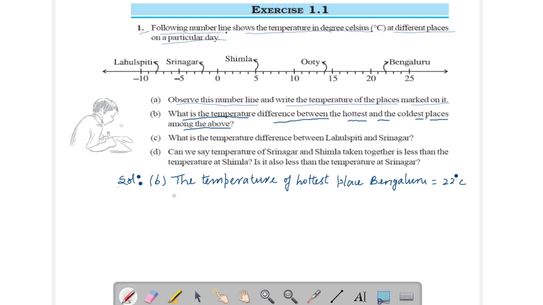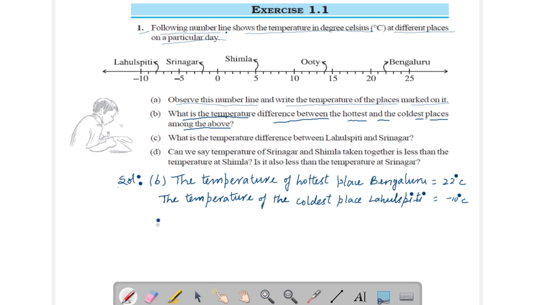The temperature of the coldest place, Lahaul Spiti, is equal to minus 10 degrees Celsius.